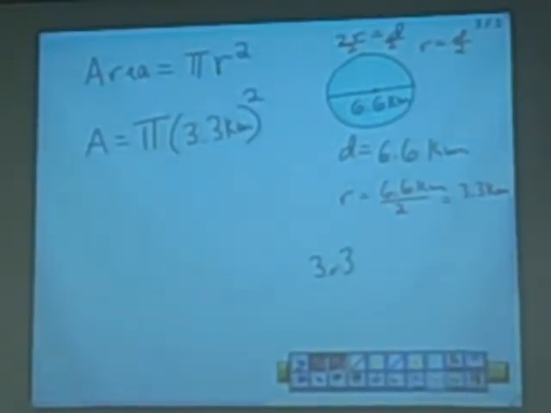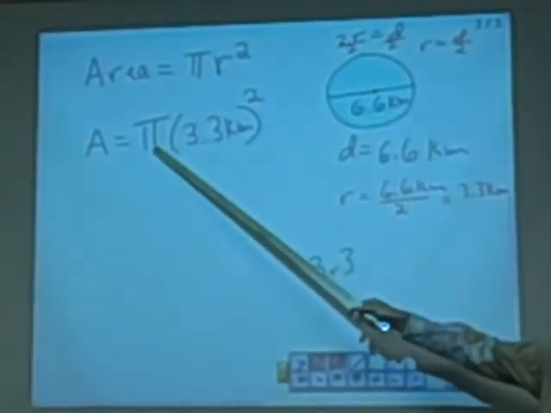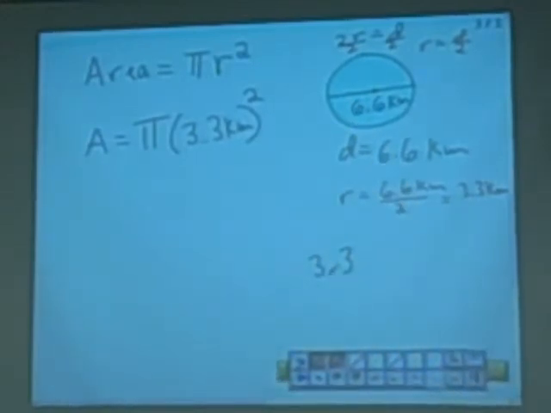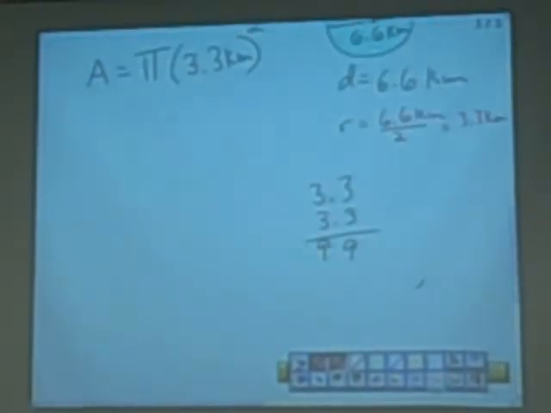And so the parentheses is just so that we can multiply the pi, but we have an exponent, so we have to do that first. So we're multiplying 3.3 times 3.3, right? 3 times 3 is 9, 3 times 3 is 9, and then 9 and 9 again, right? 9, 18, 10. Okay.